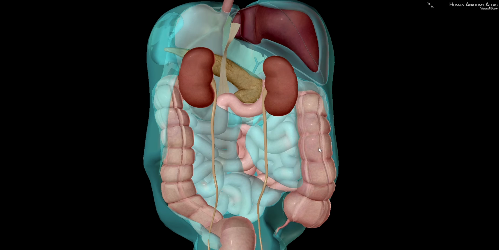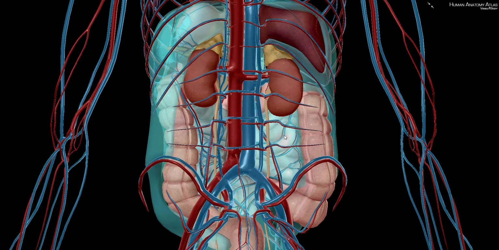This is, for example, the ascending colon, and this is the descending colon. We are visualizing from the posterior aspect. And these are the ureters. There is also the suprarenal gland here above the kidney. So these structures are extraperitoneal structures.